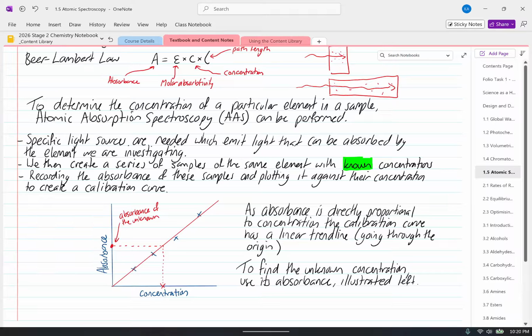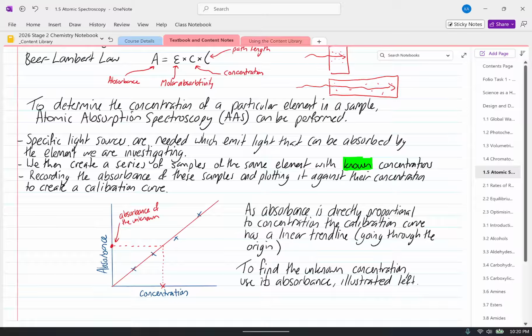One other point, not super relevant, but in the real world, if the concentration of your unknown is too high, the absorbance can go too high for the actual machine, and the machines are not considered to be accurate outside of the mid-range. So what you would do is be very precise in your dilution of that unknown.